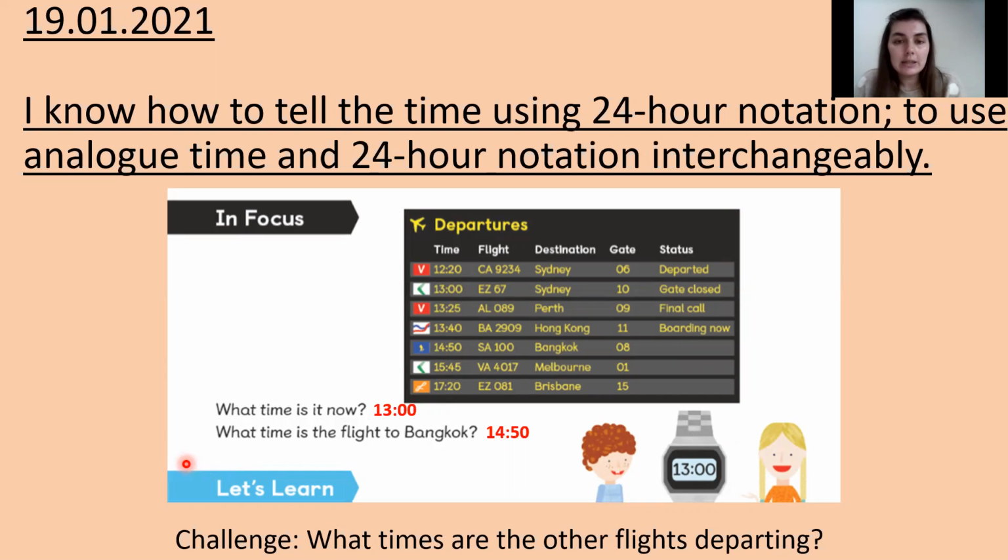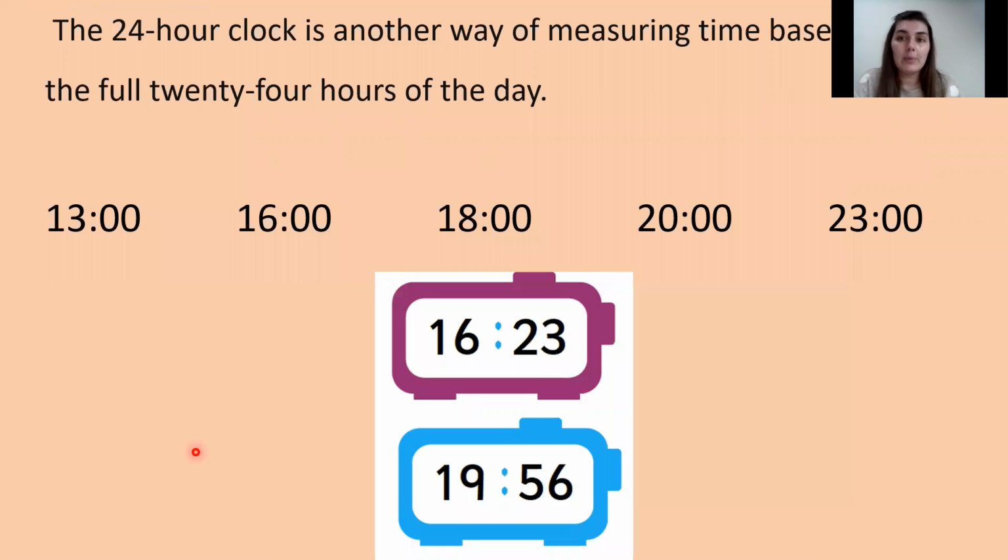Now, we've written these times down by looking at the watch and the departure board, but they look a little bit different to the times that we recognise on our 12-hour clock. And this is because they are from the 24-hour clock. The 24-hour clock is just another way of measuring time based on the full 24 hours of the day rather than a 12-hour clock which has been split into 12 hours twice.